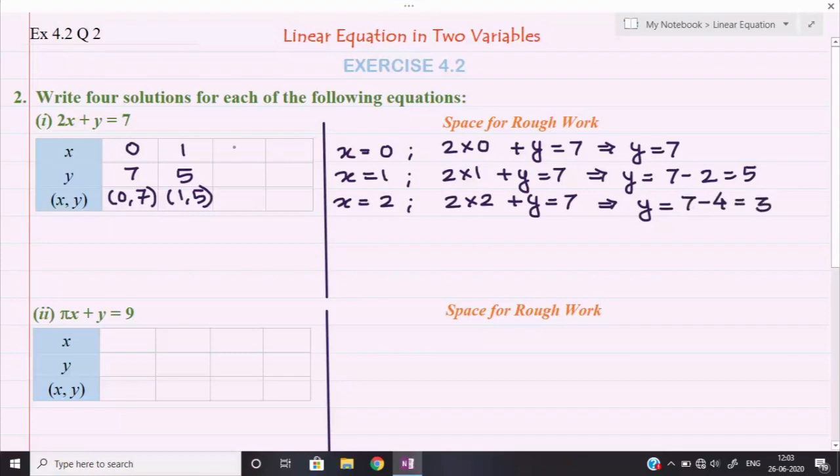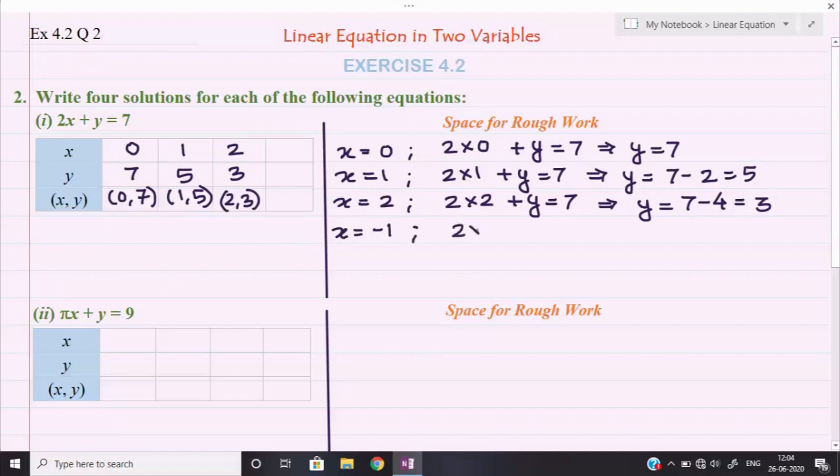So the value of x is 2 and the value of y is 3. So the solution is (2, 3). Let us find one more solution. Suppose I take x equal to minus 1, I don't take 3. You can take 3 also, no problem.